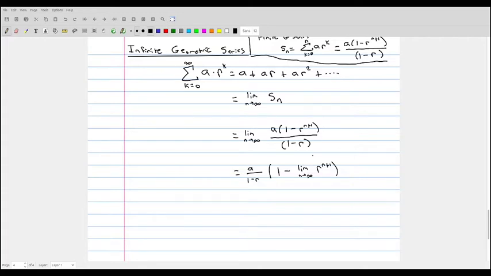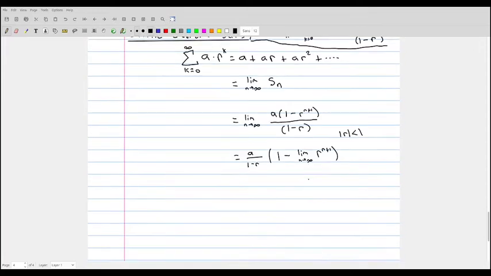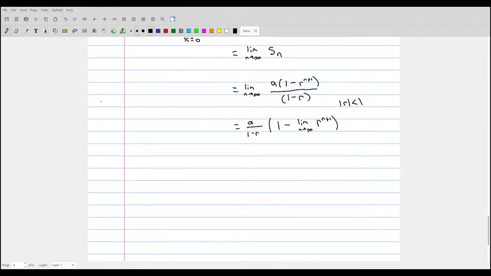And you see that this is going to exist as long as the absolute value of r is less than 1. If the absolute value of r is greater than 1, then this limit will be infinite. But if it's less than 1, then this limit exists and is in fact equal to 0. It's like taking the limit as n goes to infinity of, say, 1/3 to the n plus 1.